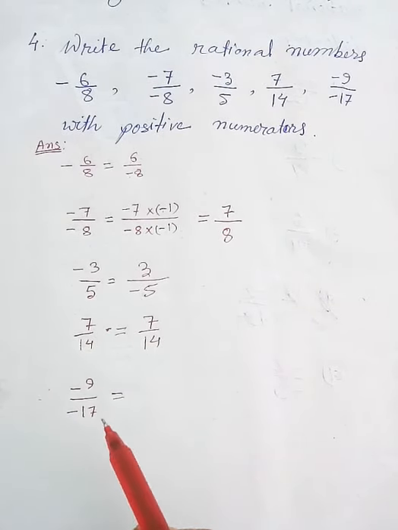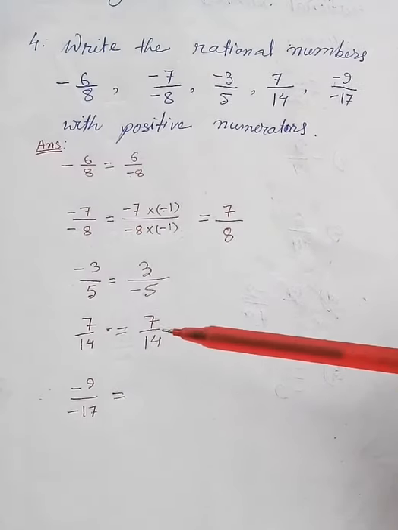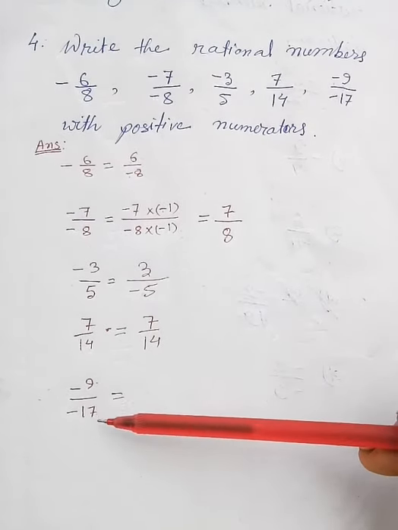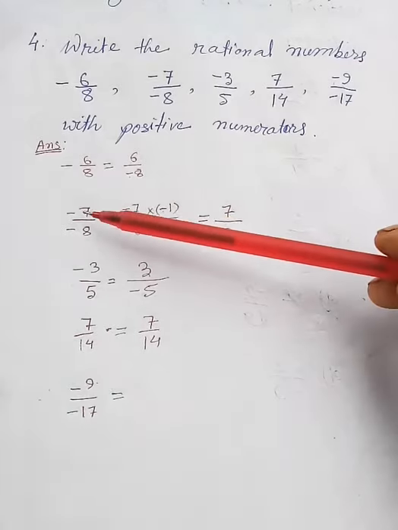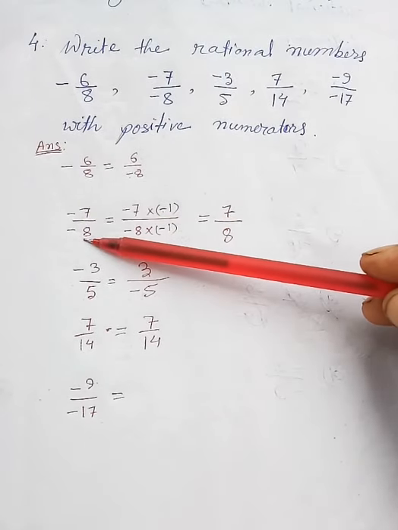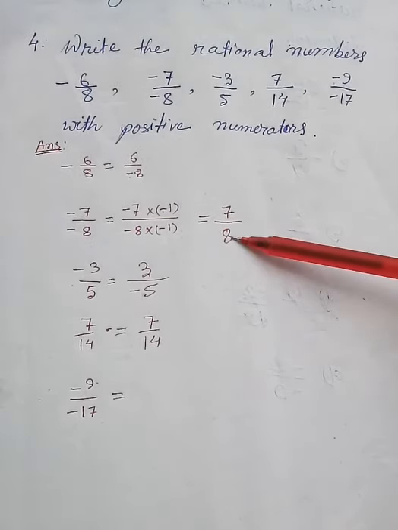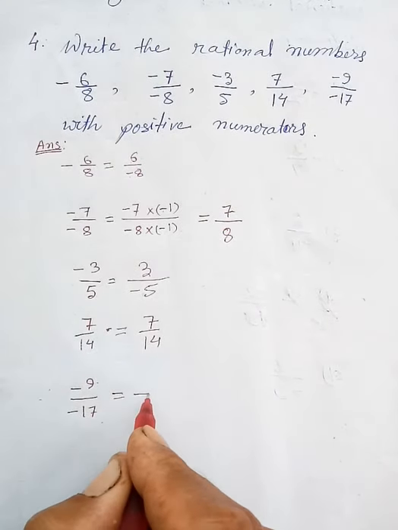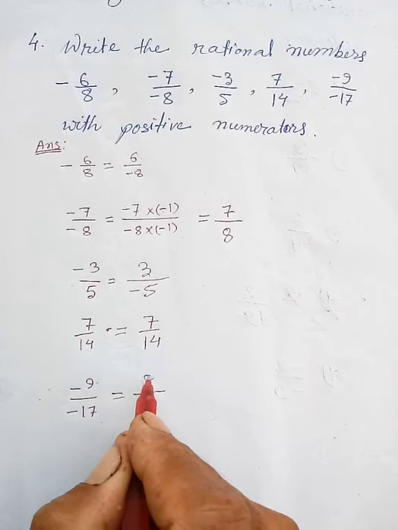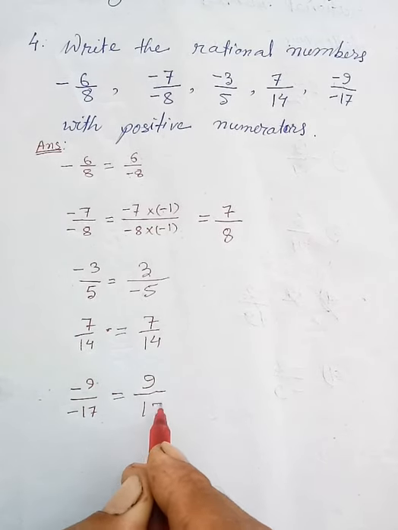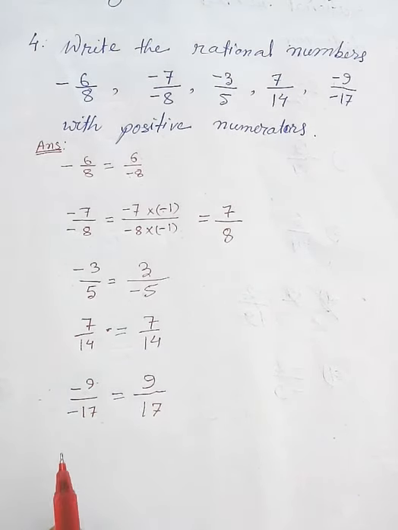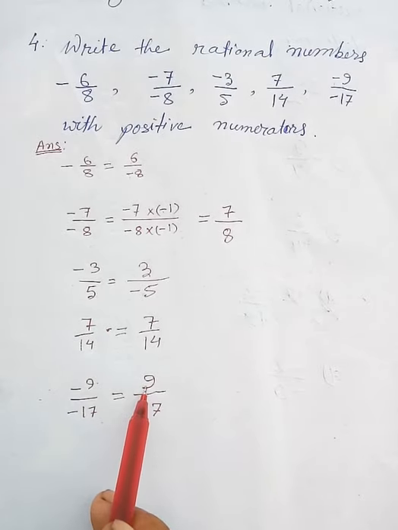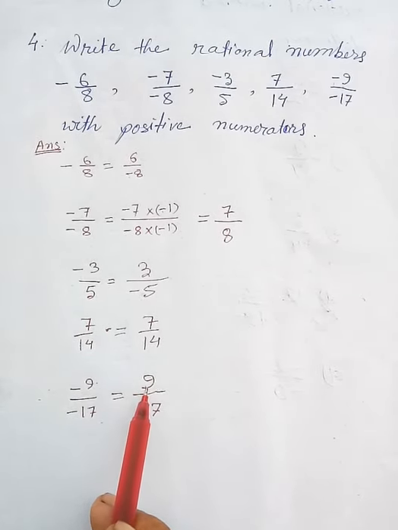And similarly, this minus 9 by minus 17 you can solve like minus 7 by minus 8, how it becomes 7 by 8. With the same technique you can rewrite this minus 9 by minus 17 as just 9 by 17. Hence this 9, that is this numerator, becomes a positive numerator.